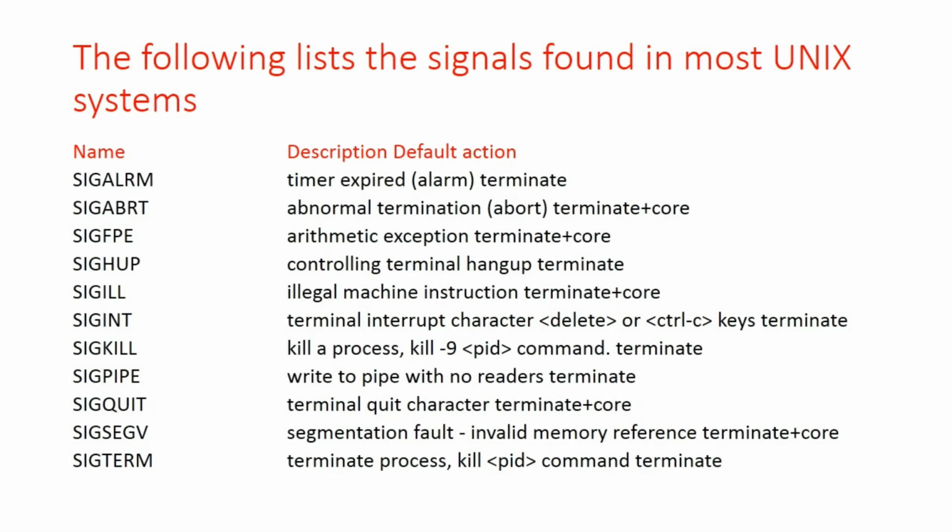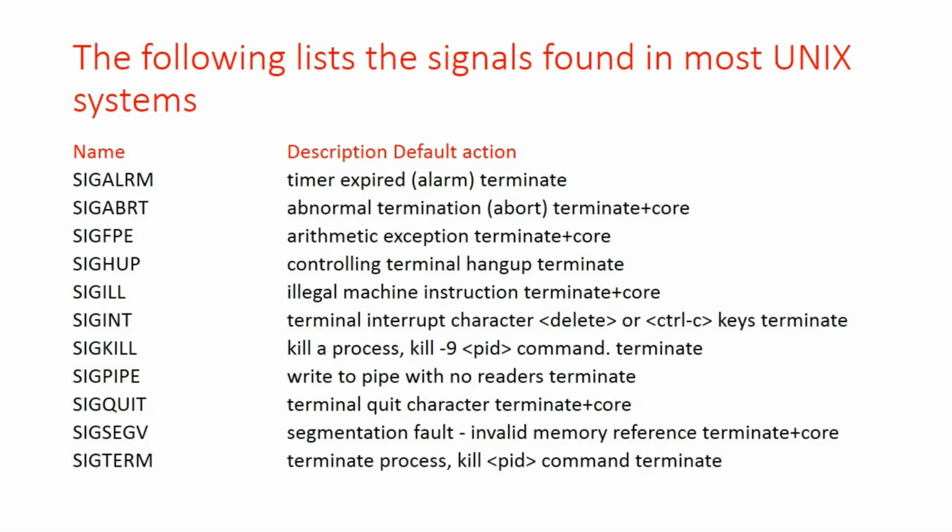So if the process terminates due to an arithmetic exception, then you will get the signal SIGFPE. Next one is SIGHUP, controlling terminal hang up, terminate. SIGILL is for illegal machine instruction. So if the process terminates due to an illegal machine instruction, then the signal SIGILL will be generated.